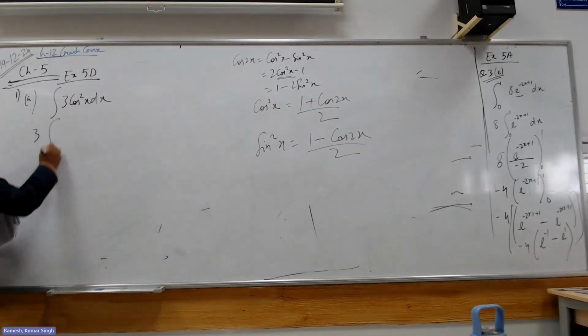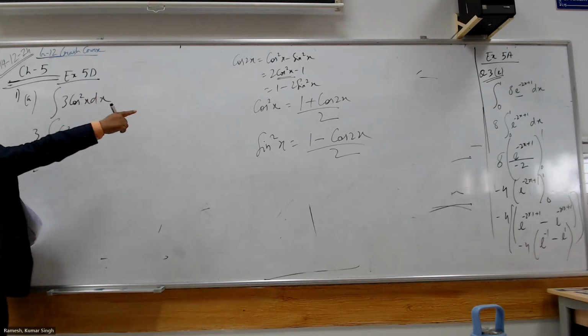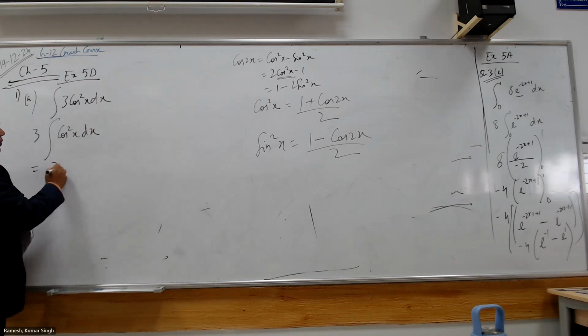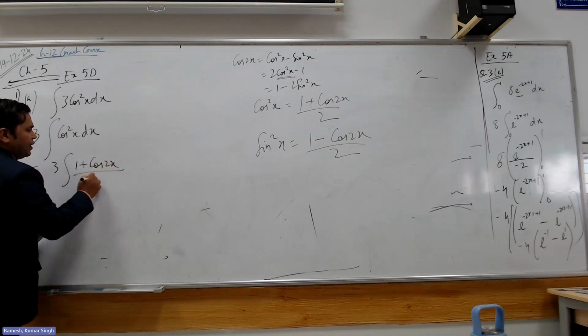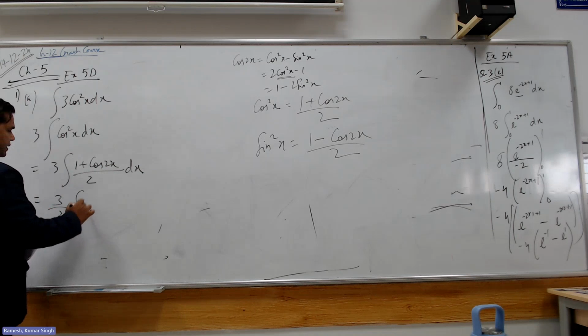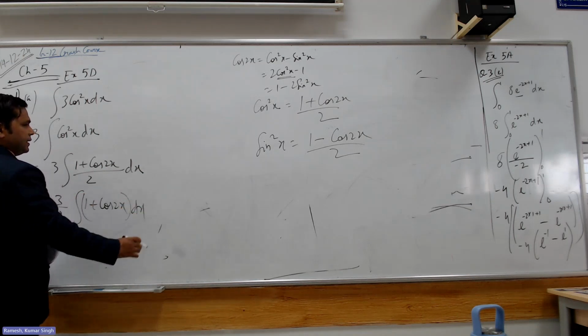So 3 will come out, integration of cos square x dx. From that formula, we write 1 plus cos 2x over 2 dx. This 2 we can take out, and it's 1 plus cos 2x dx.